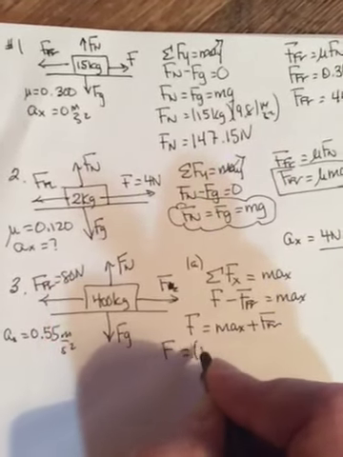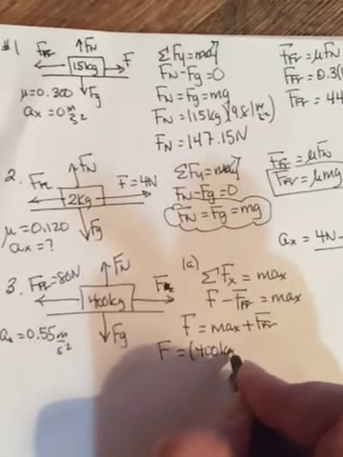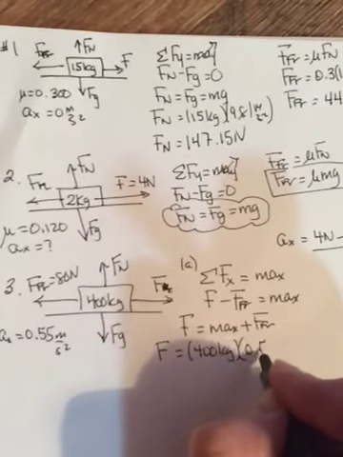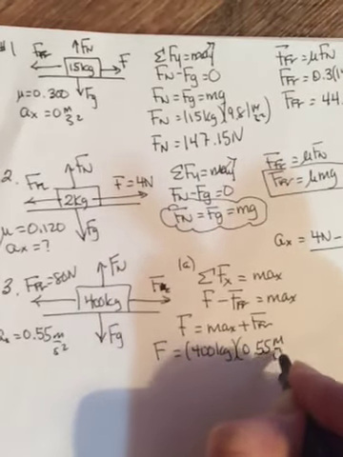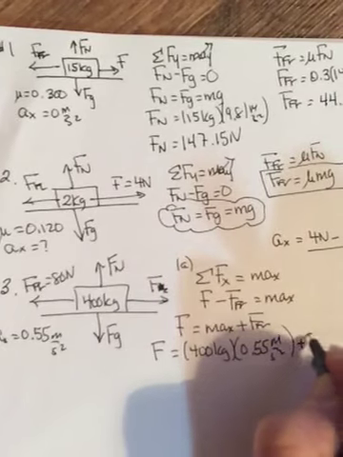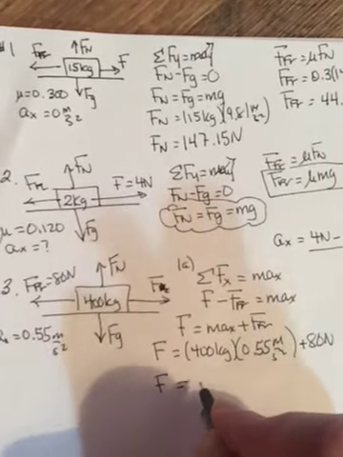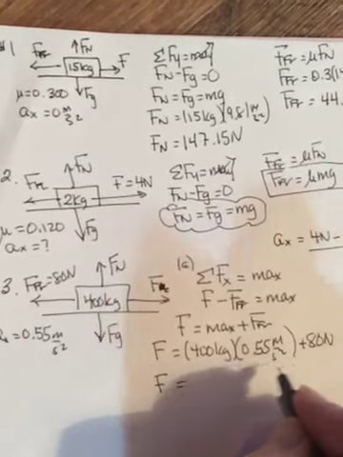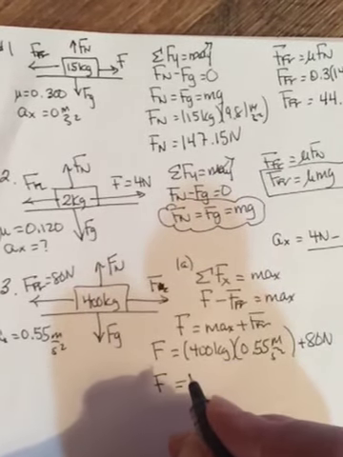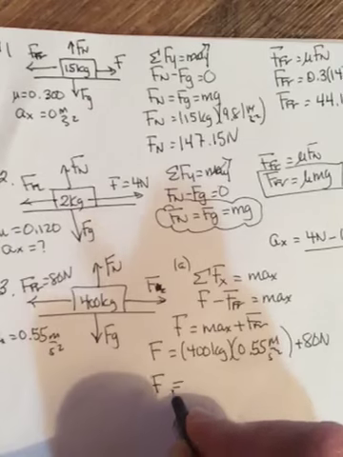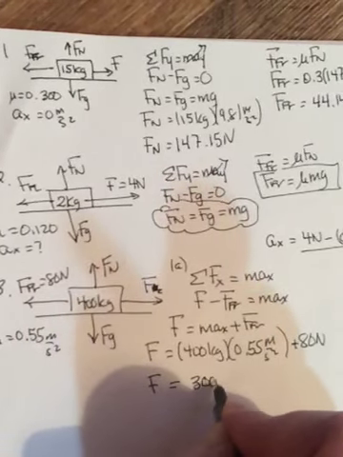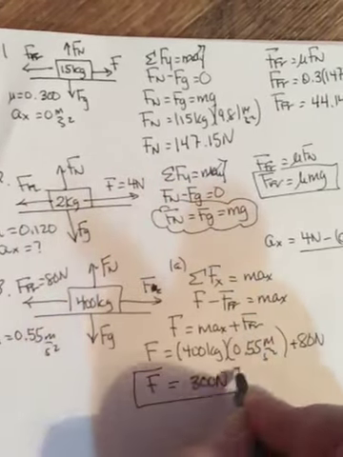M is 400 kilograms. A is 0.55 meters per second squared, and friction is 80 newtons. 220 plus 80 should be 300, I believe, newtons.